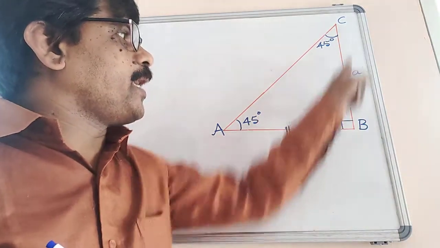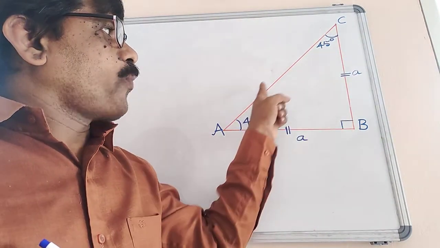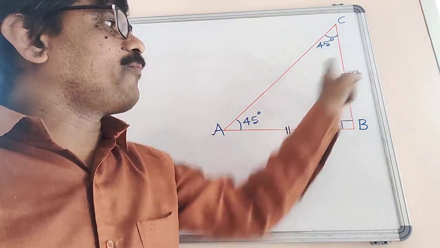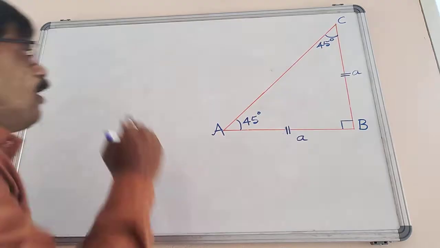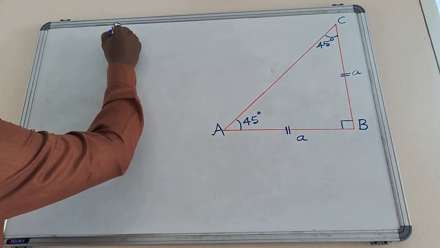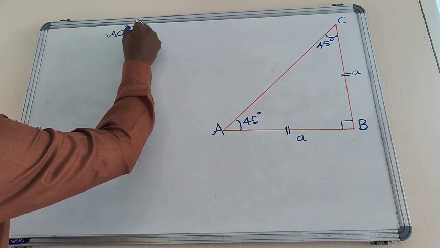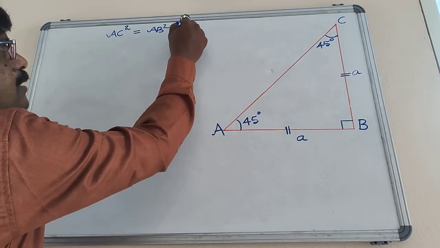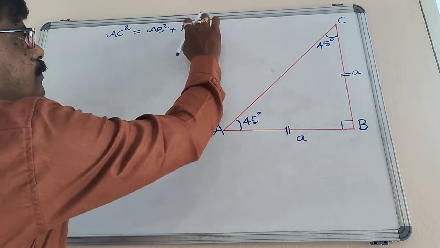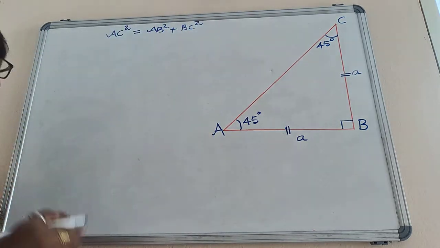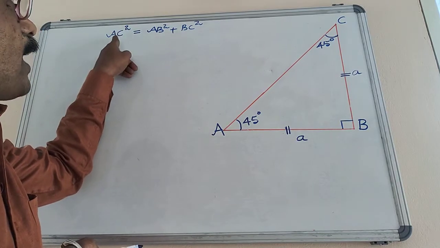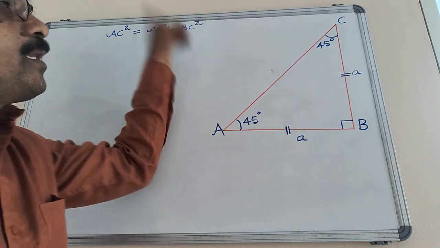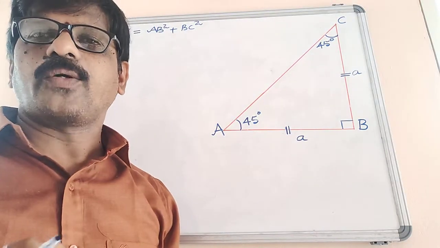In a right angle triangle, the square of the hypotenuse is equal to the sum of the squares of the other two sides. Now AC square equals AB square plus BC square.